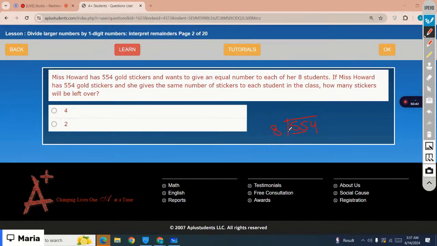8 times 9 is 54. 5 take away 4 is 1. 8 times 1 is, no, hold on. 8 times 6 is 48. 7 and 4. 8 times 9 is 72.